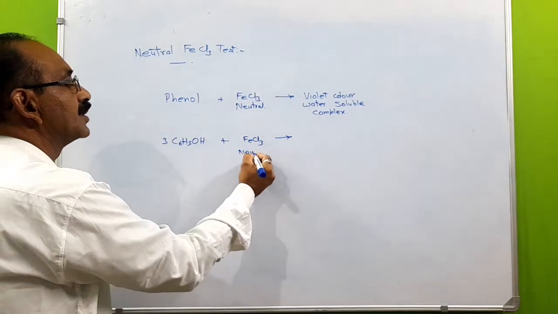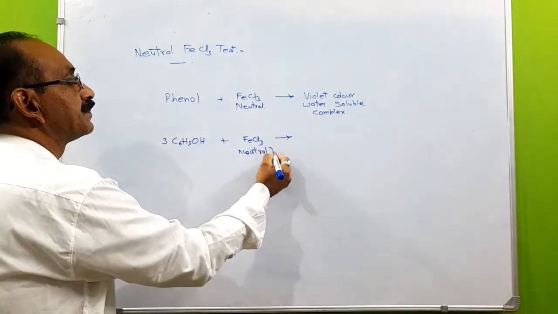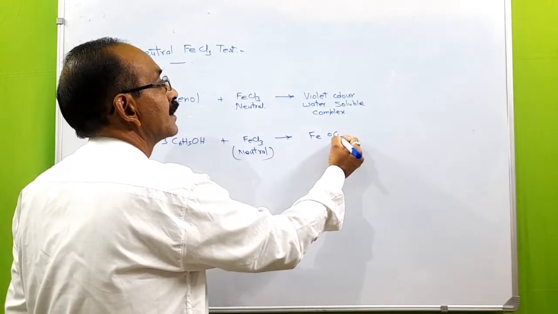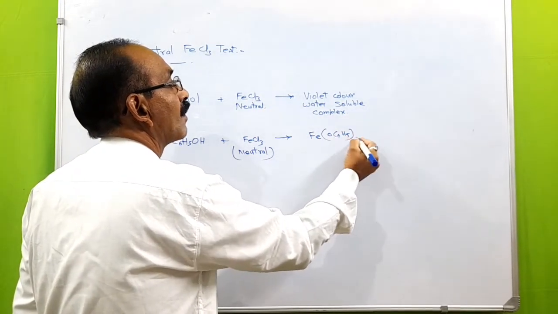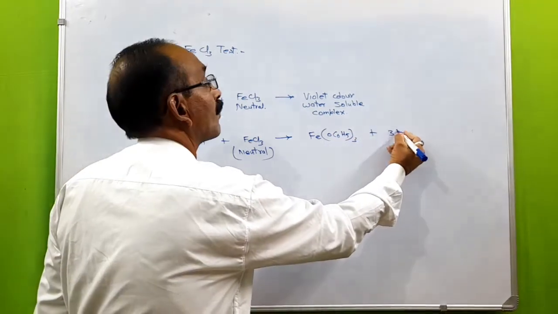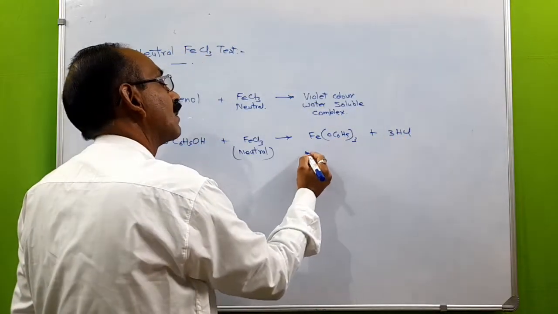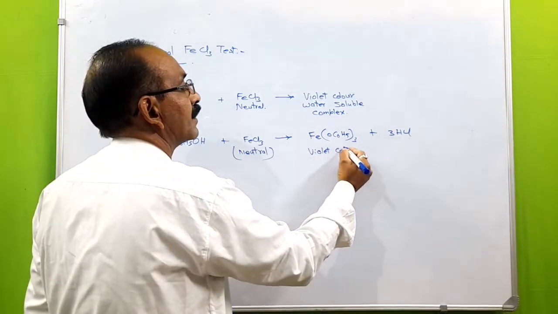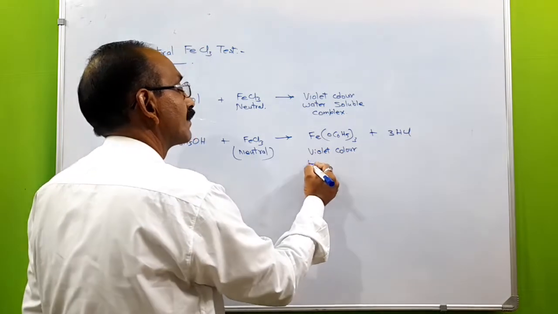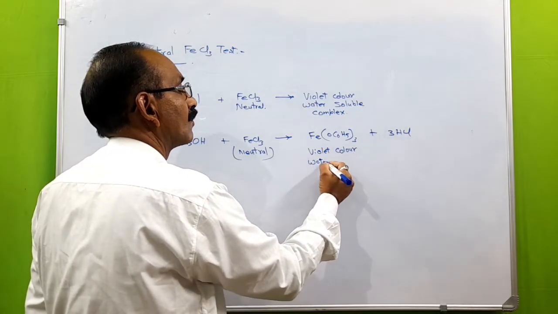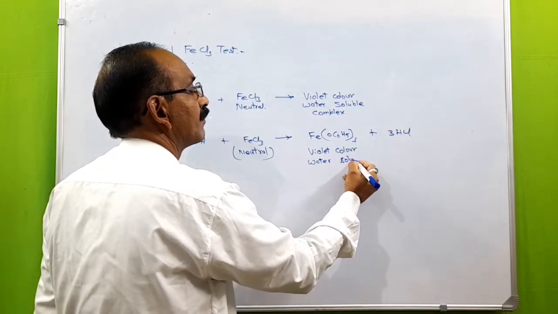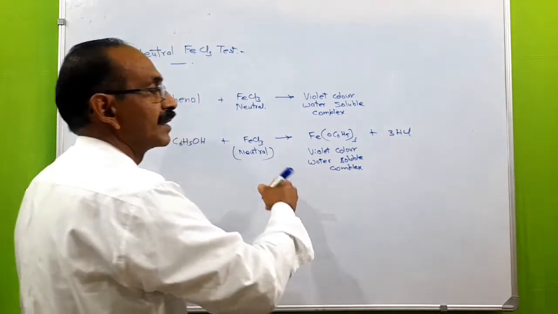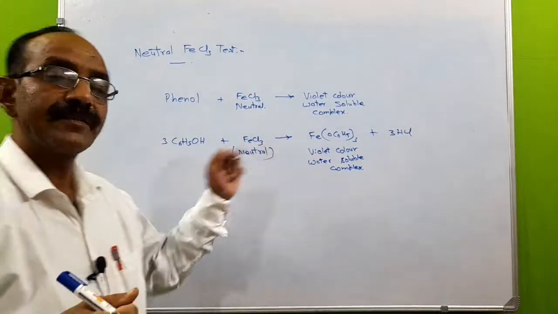Here it's a neutral solution, and we obtain this violet color, water soluble complex. It is ferric triphenoxide.